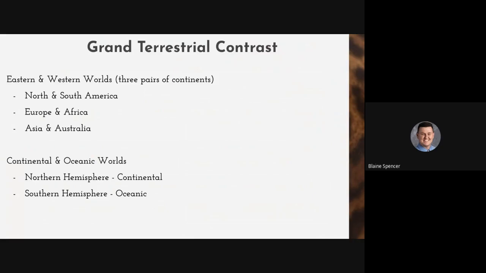What that means is that all the islands are going to be closer together, closer to larger land masses. In the southern hemisphere, it's going to be considered oceanic, which means the islands are further away from the land, off in the middle of nowhere, by themselves, not close to any large masses. We'll look at these contrasts further in, and you'll have a better understanding of them in a minute.